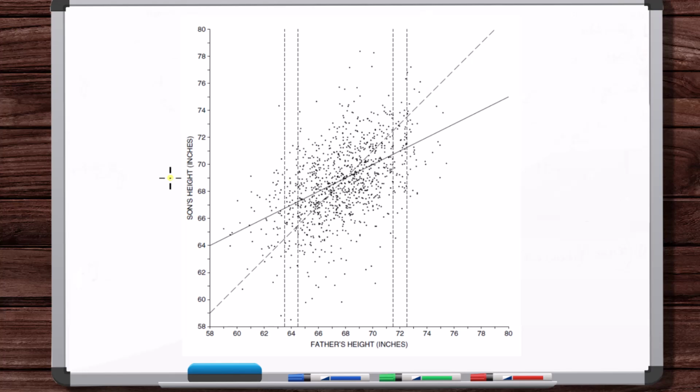You're taller than 70% of all the sons. But on the flip side, if you're in the below average case, a father in the 30th percentile, only taller than 30% of the data points, then we would expect your son's height on average to be around the 45th percentile.